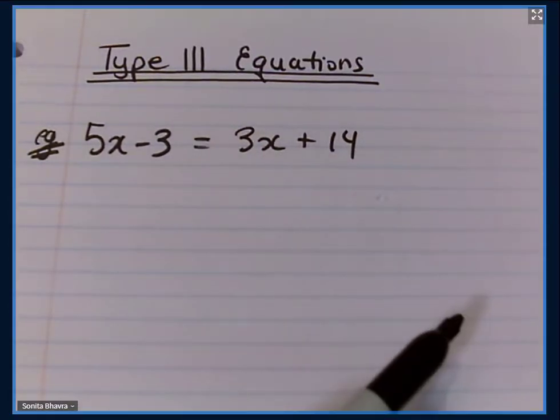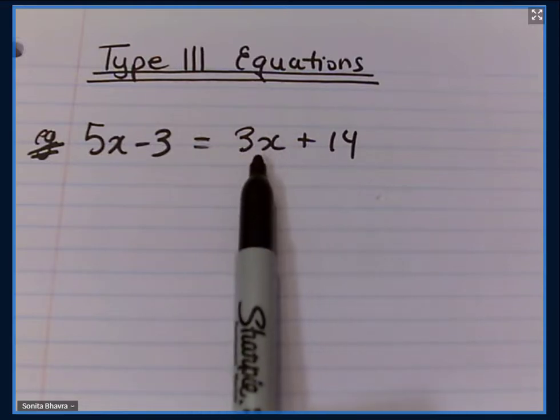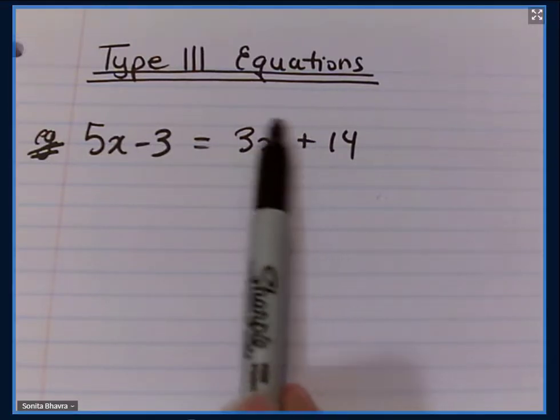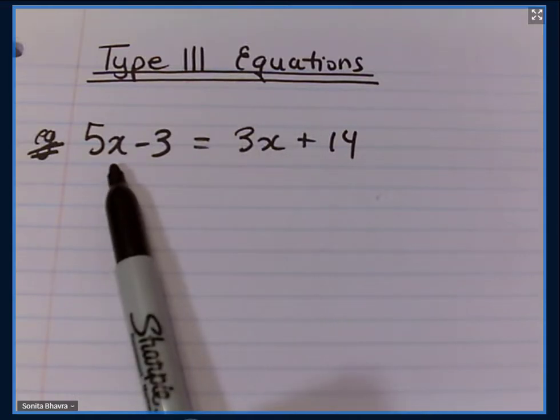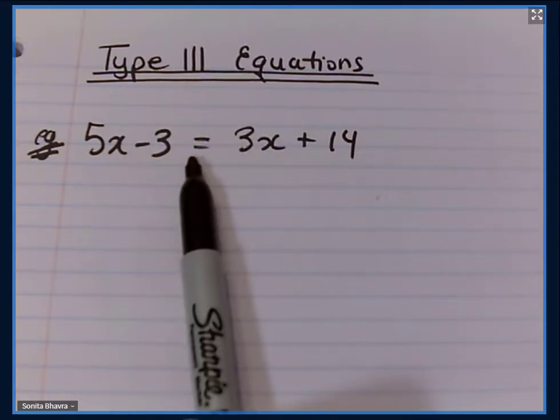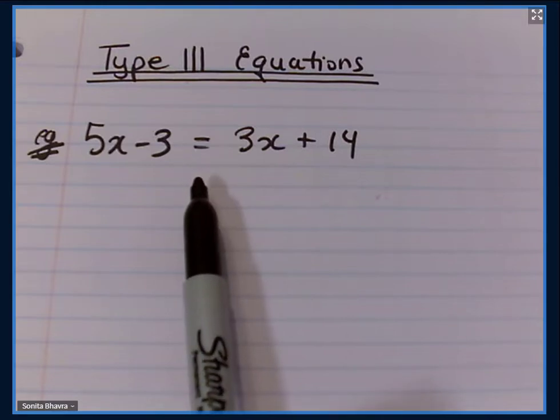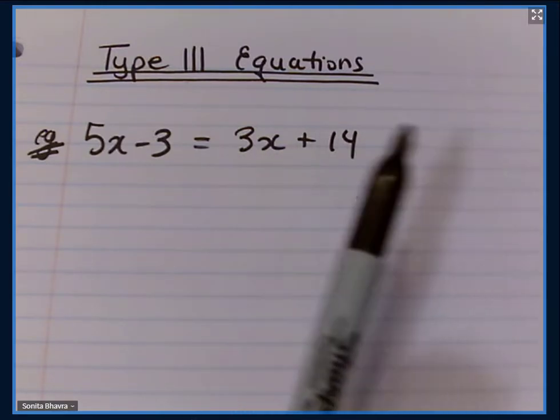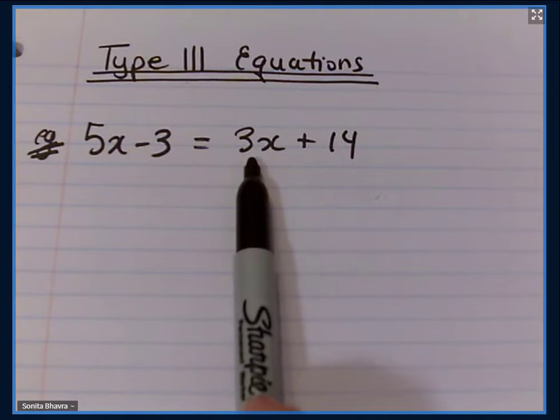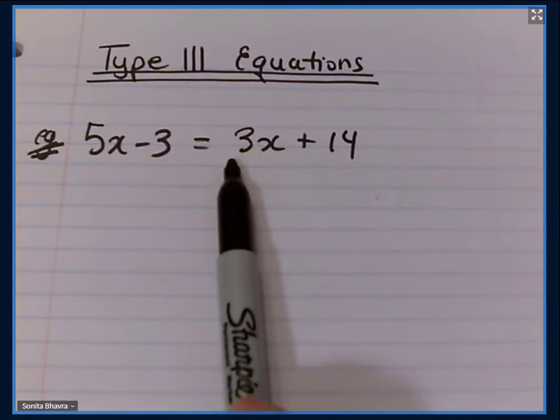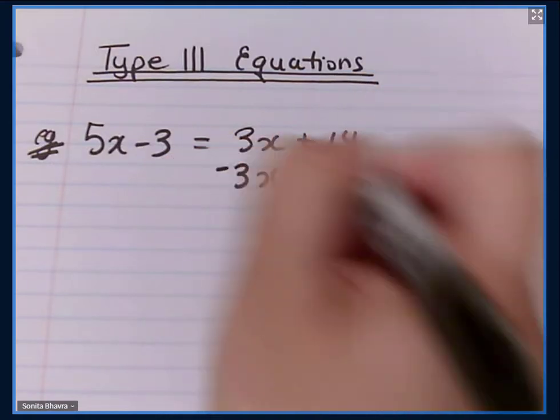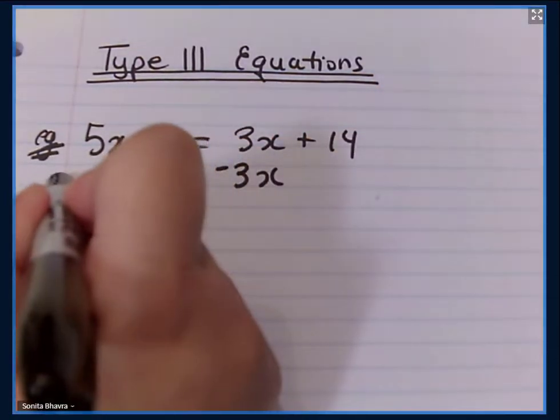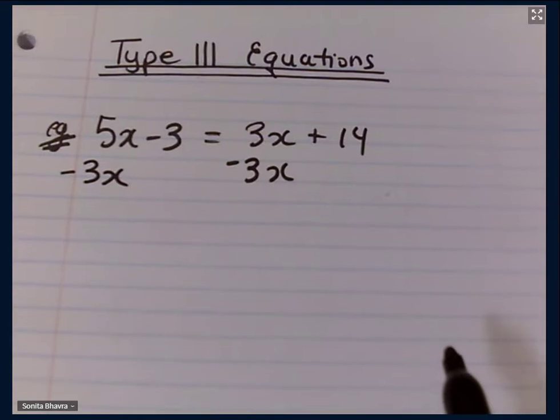So I'm going to do this step by step. Let's work with the x's first. This one here, it's a 3x, and we want to bring this whole 3x over to the left-hand side. So because we're moving it over our equal sign, we have to do the opposite operation. We're moving the whole thing over. It's a plus 3x, it's a positive 3x, so then we have to subtract it over, like so.